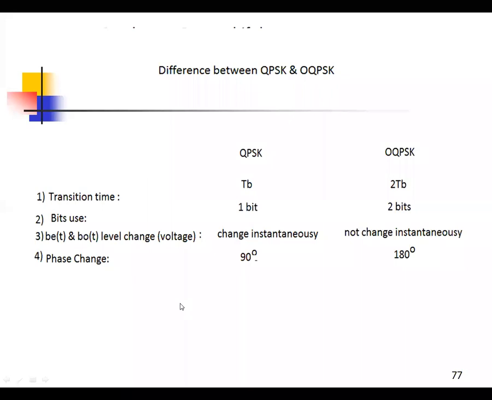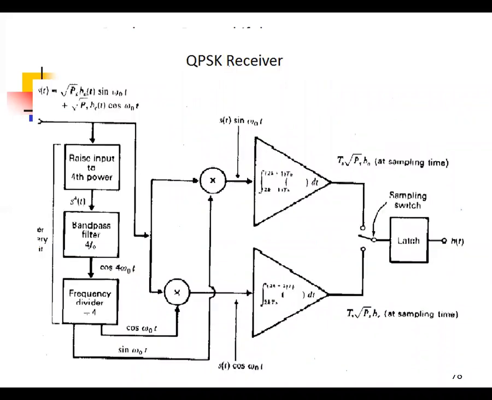Please go to the textbook once and prepare your own notes. So the next class we go for the QPSK receiver. So students, go to the textbook and prepare your own notes again.